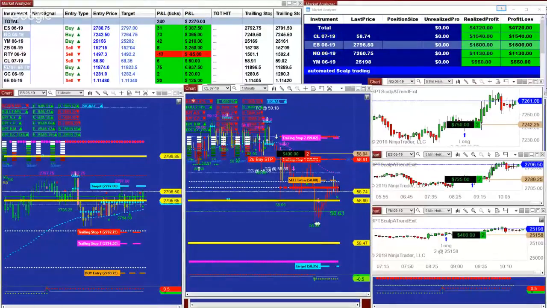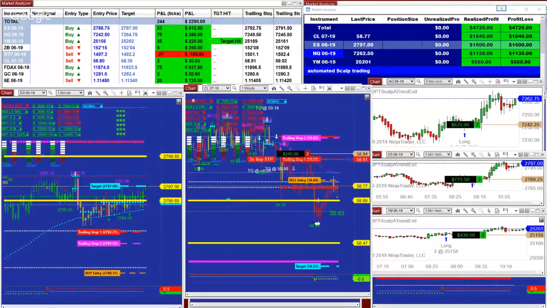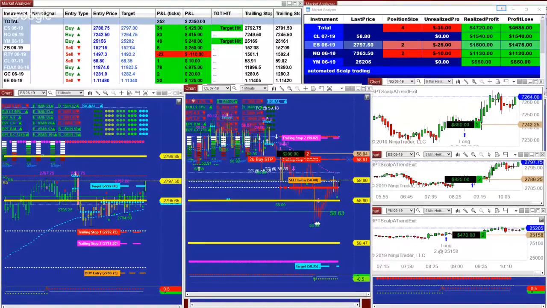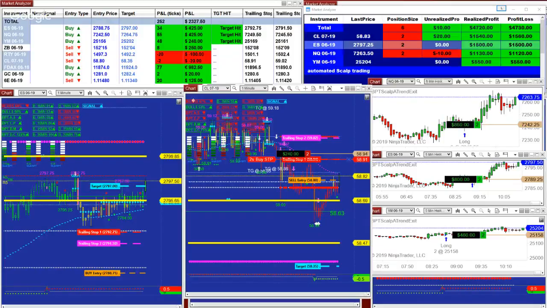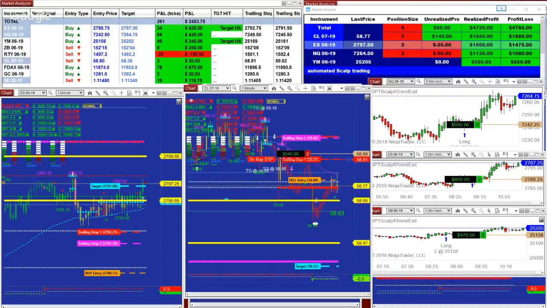While we are waiting on a new signal, just give me a few seconds. We are struggling on this ATM.